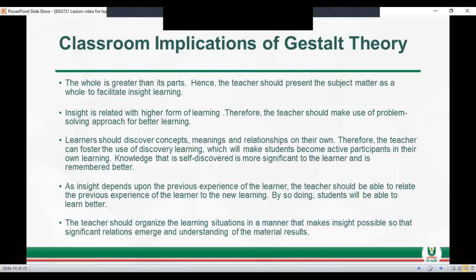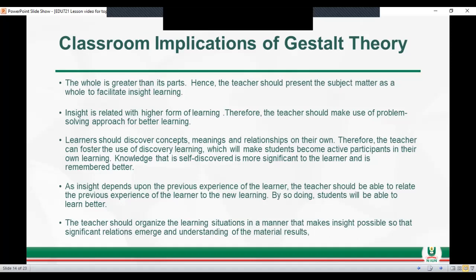Second point, insight is related with higher form of learning. We have said that insight is related with higher form of learning. Therefore, the teacher should make use of problem-solving approach for better learning. You should encourage your students to discover the relationships of the elements that make up a problem. Don't just end up spoon-feeding your students with the answer.